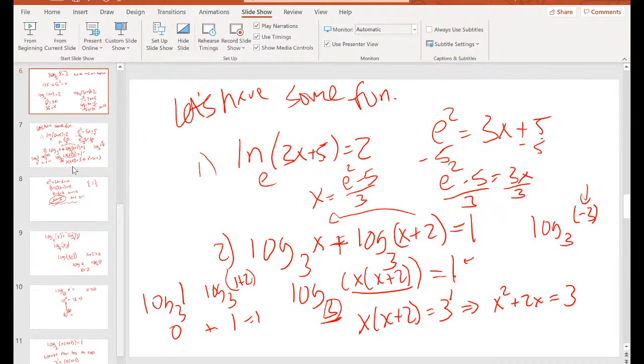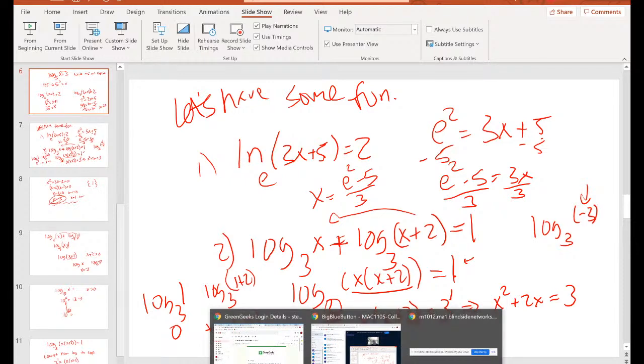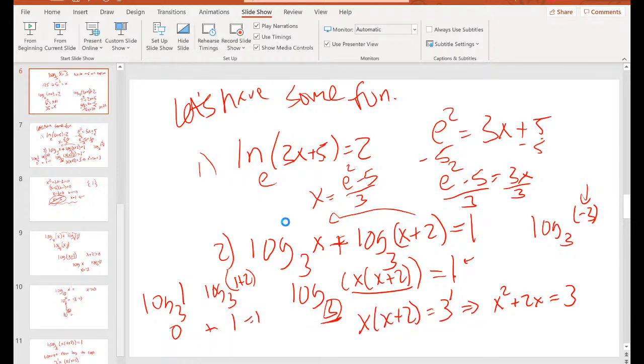The original problem started off with log x. You can't plug a negative number into log x. Log base 3 of -3 doesn't exist. All right, other questions?